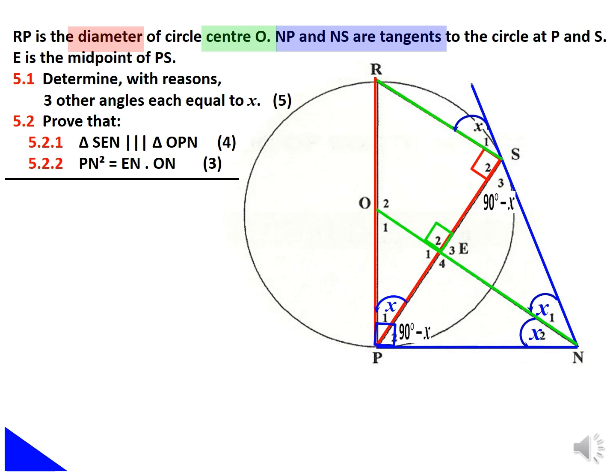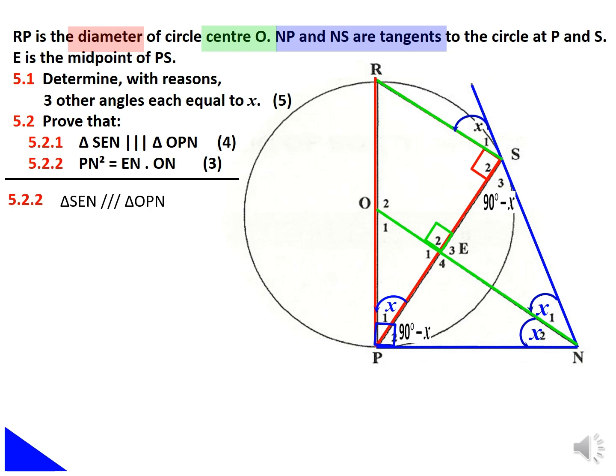We need to prove that PN squared is equal to EN multiplied by ON for 3 marks. Now this one must not be something that gives us a headache. In 5.2.1, we proved that triangles SEN and OPN are similar to each other. And that is where the answer is going to come from.